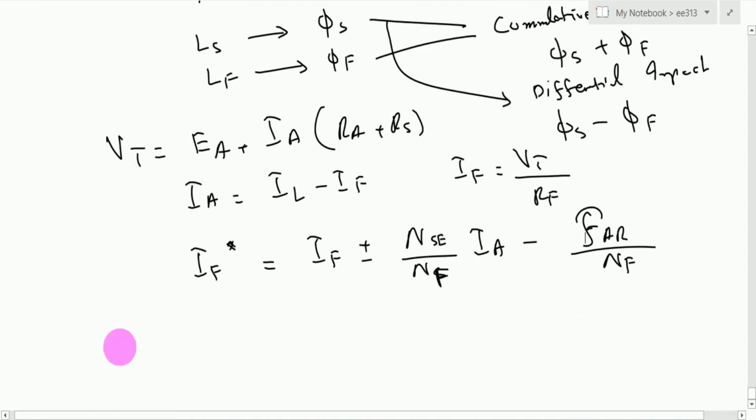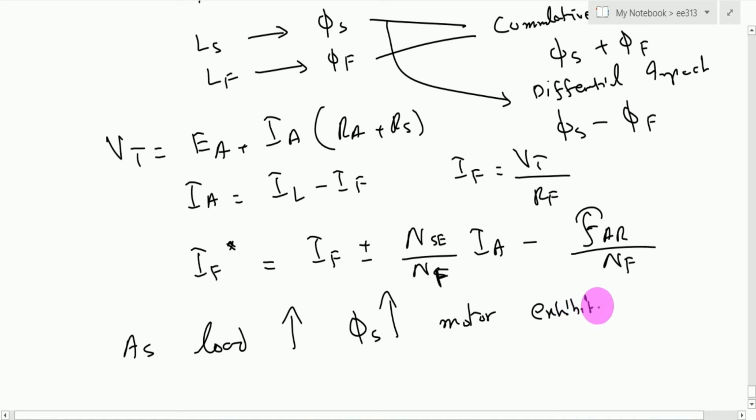So as the load increases, what happens? Since we have increased the load, the flux because of the series winding will increase, and therefore the motor exhibits series motor characteristics. What were the series motor characteristics? Something like this one.